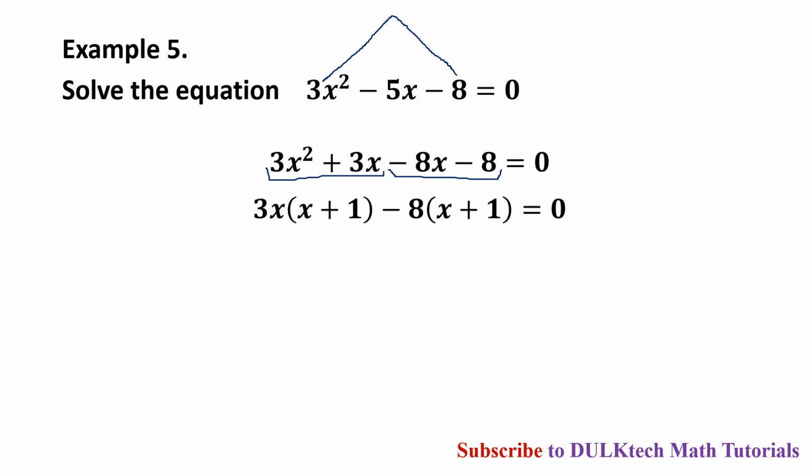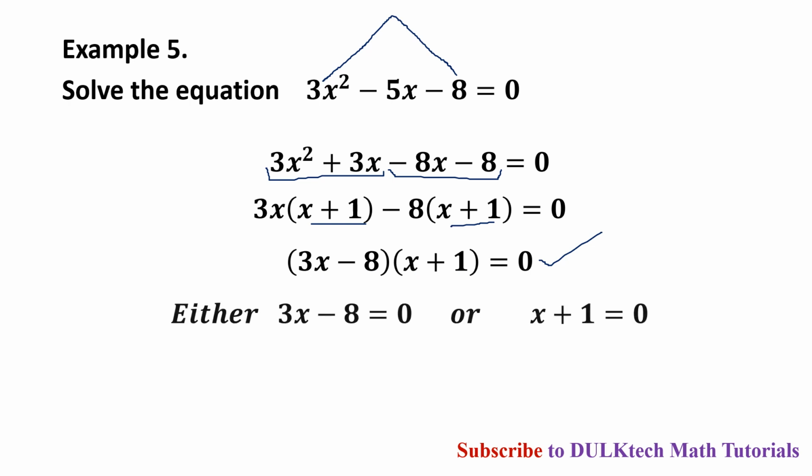Right, then from there, this one is now a common factor. Let's take out x plus 1. We remain with 3x minus 8 like this. Now that we have two factors and the product is 0, we are now saying either the first factor is 0 or the second factor is 0. So we are now equating the first factor to 0, at the same time equating the second factor to 0, and solving these two simple linear equations.